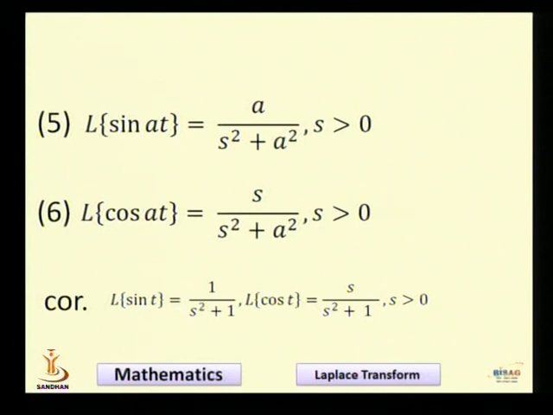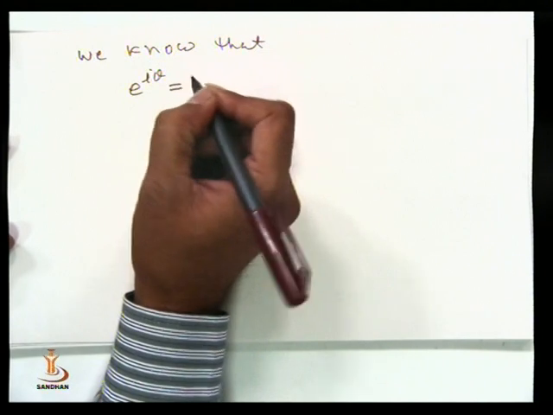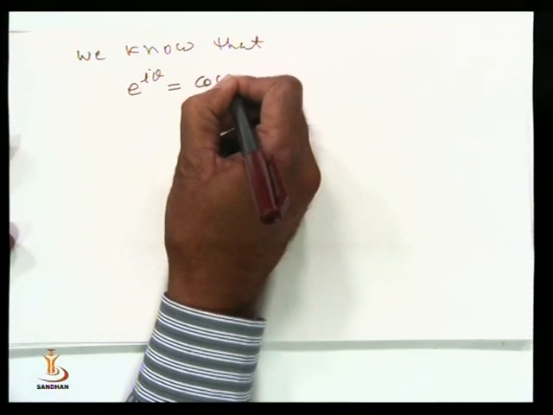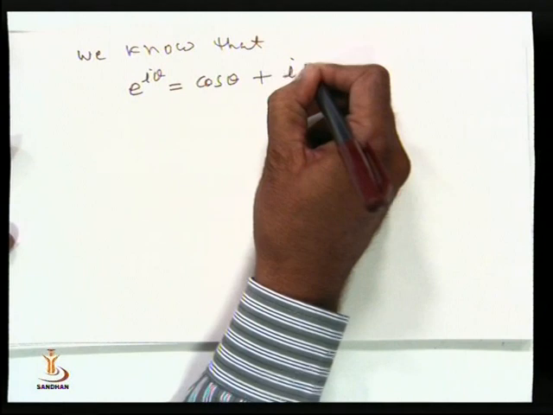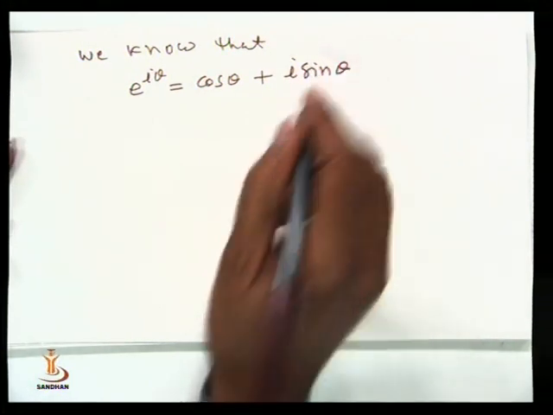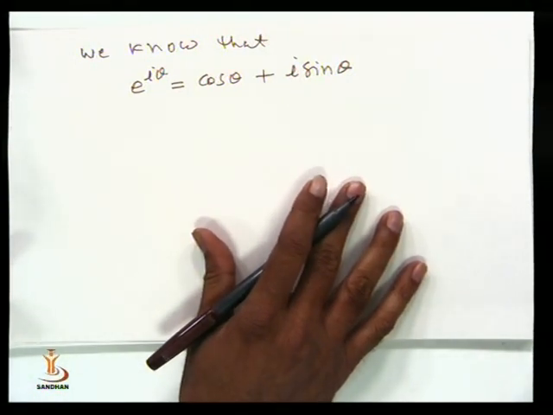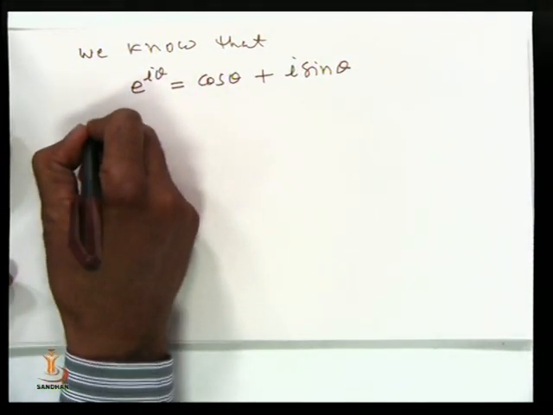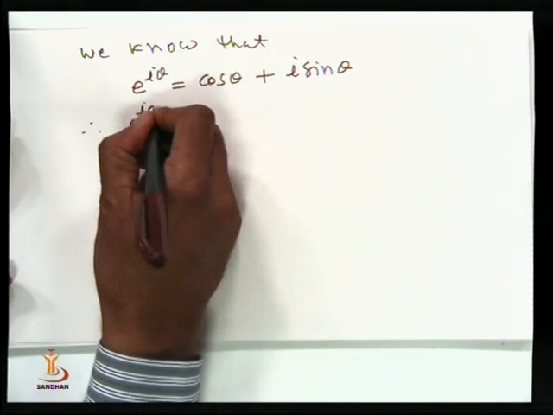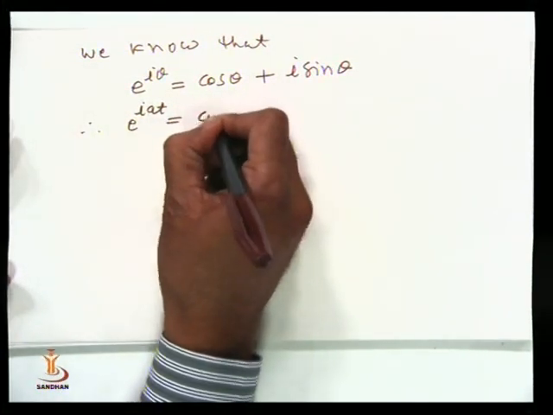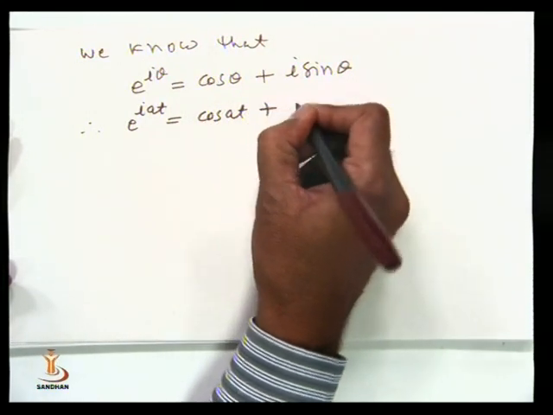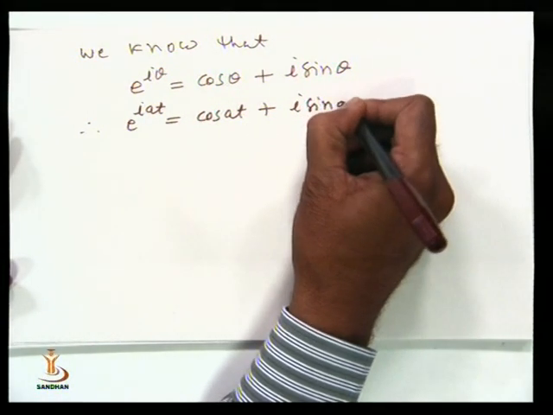We know that e raised to i theta equal to cos theta plus i sin theta. This is Euler's expression. Therefore e raised to i at equal to cos at plus i sin at.